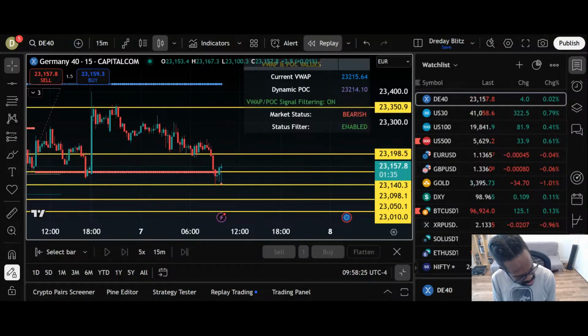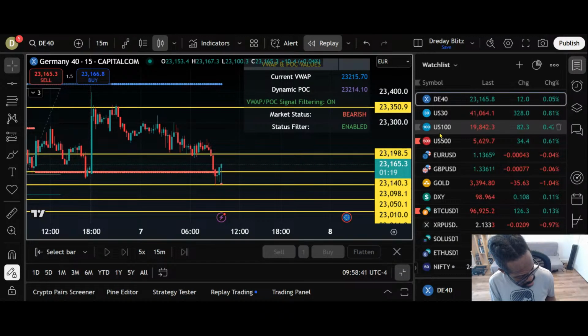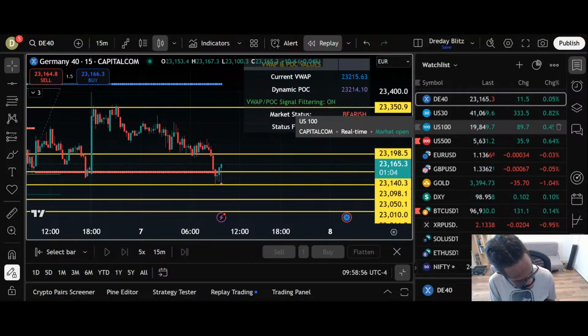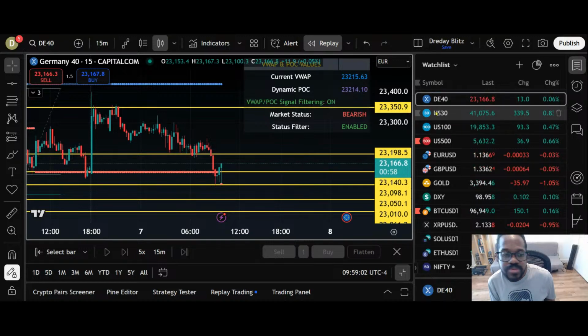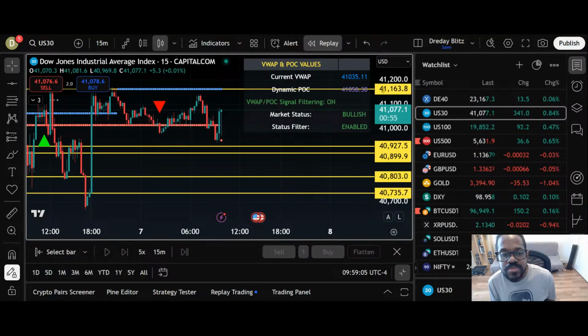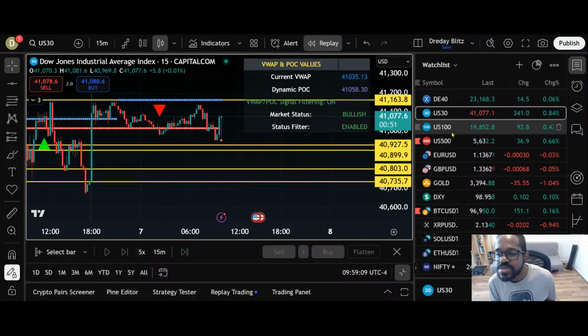Okay, so less than 2 minutes here before the top of the hour. All right, so US 30 is bullish here.